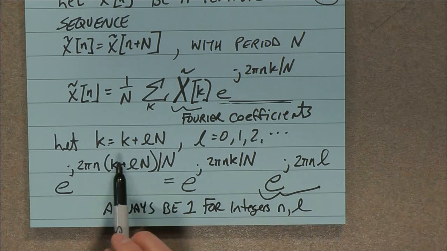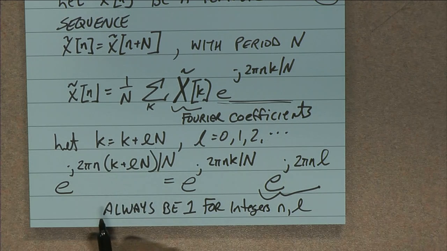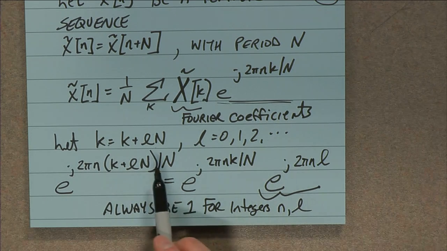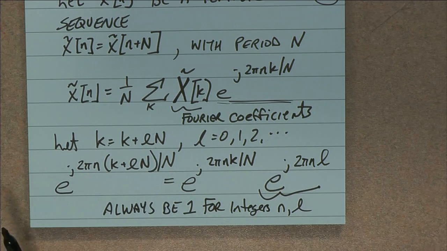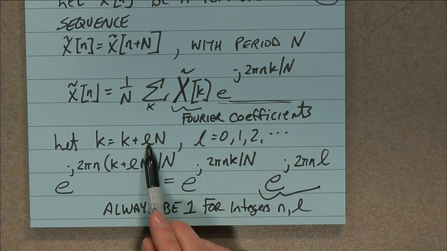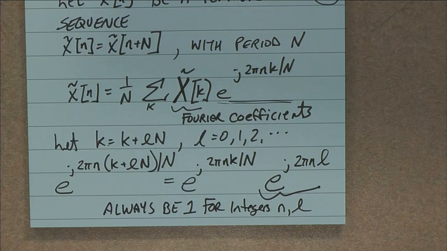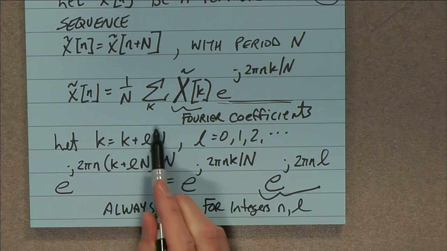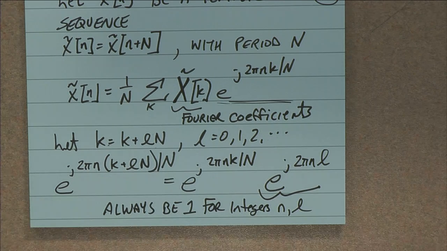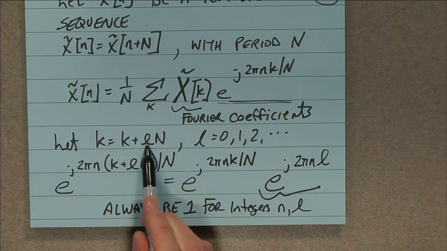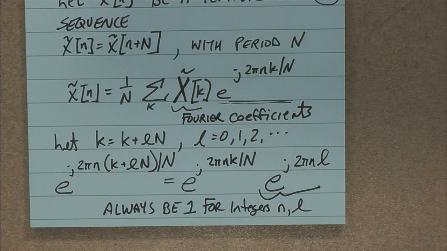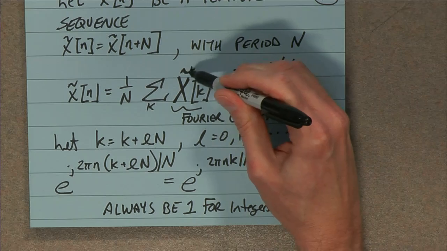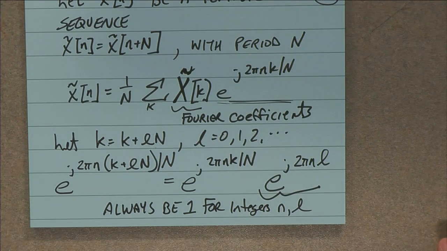So by expanding this out, we can see that every time we add an integer l here, that just means we skipped ahead by N. So this whole sequence is periodic with period N, because every time we add some factor of l times N to it, it repeats. I kind of cheated and put that up there first.